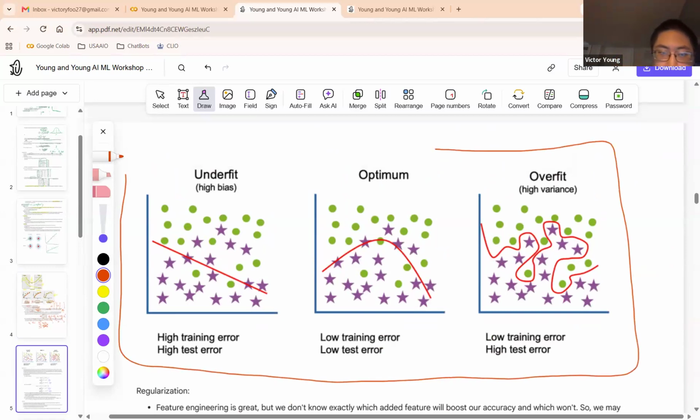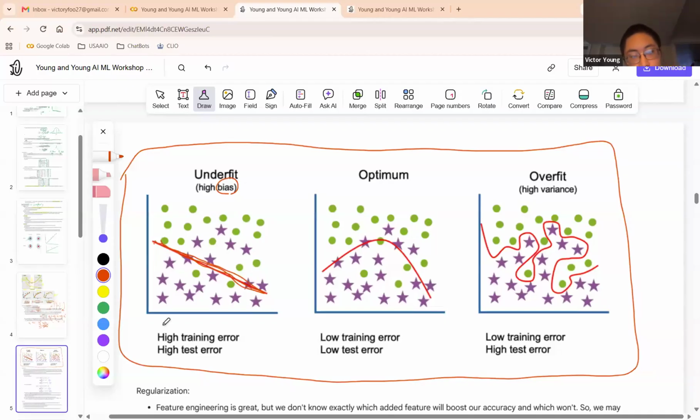And here's another figure of the bias variance trade-off. Here there's high bias because we're assuming this is too simple. We're just assuming it's a line, but that's not good. Is this regression or classification?